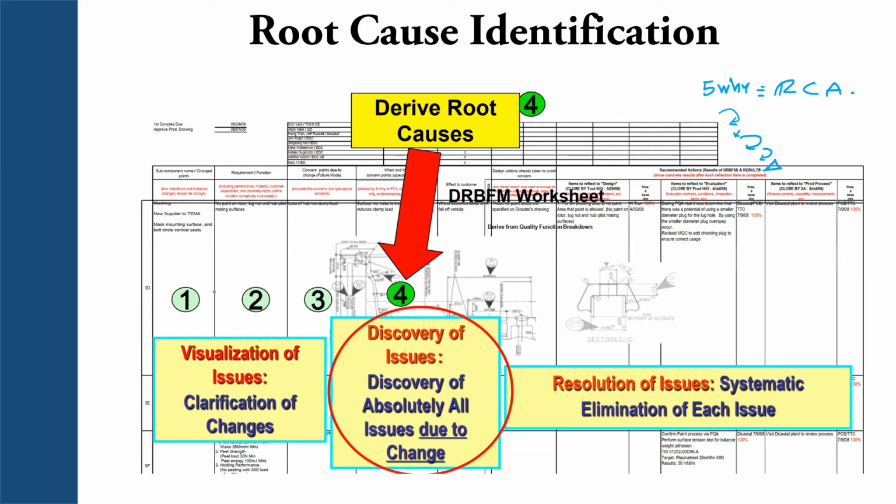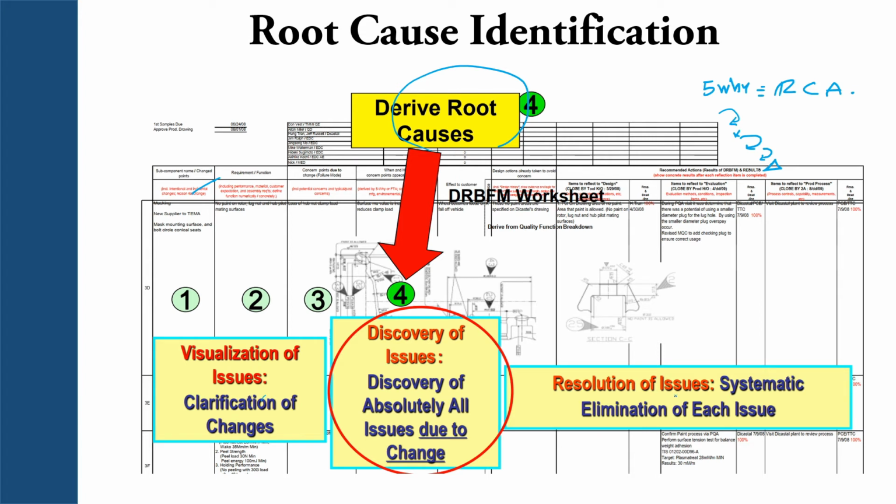So in this case, we visualize the change point in our A rank, clarification of change, then you do the discovery of issues. So you discover all the issues that could show up or already showed up because of the change. And here we derive the root causes for our problems.